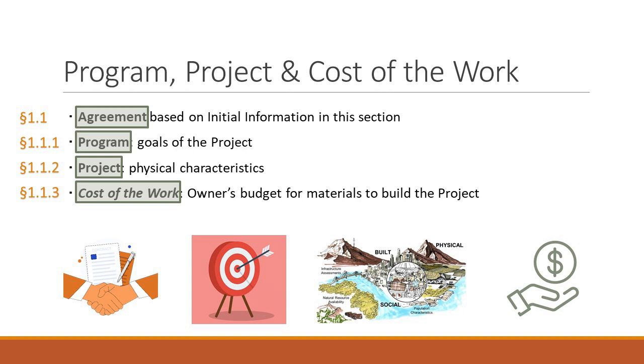When you read a contract, any contract, whether it's an AIA contract or any contract over the course of your career, if you are put in the position of reading contracts, anytime you see a capitalized term in that contract, read through the agreement to find out what that defined term means. It's important. For example, the term Project here under 1.1 has a specific definition.